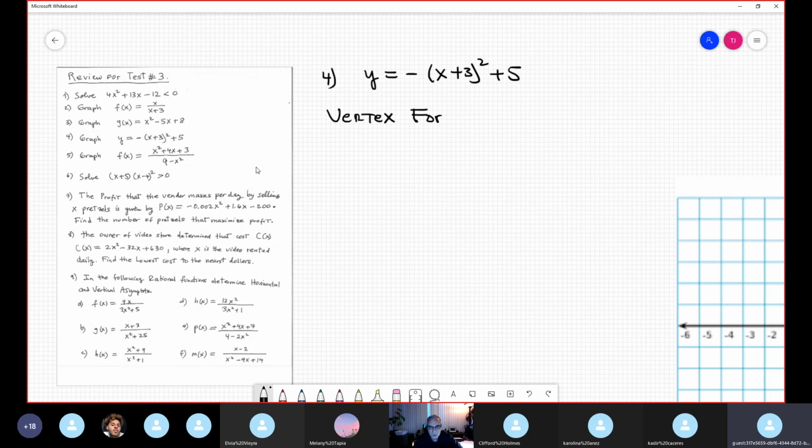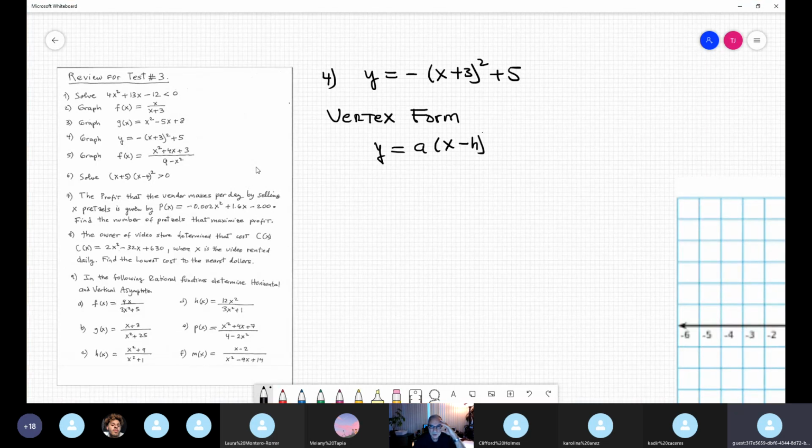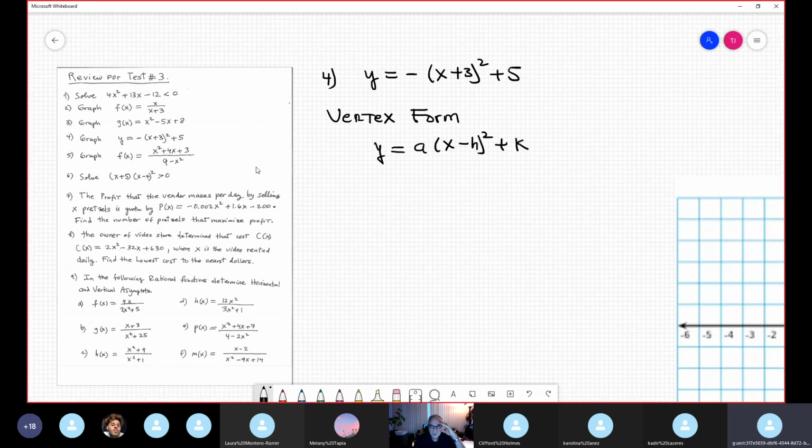Then you see 2 parabolas, one expressed in standard form, ABC, another expressed in vertex form. You need to remember that in vertex form you have a(x plus or minus h) squared plus k, like a general formula.